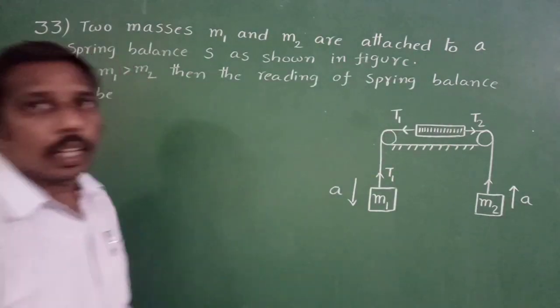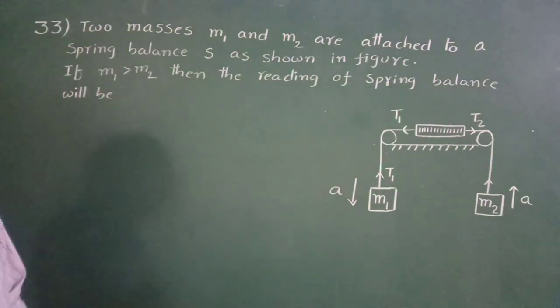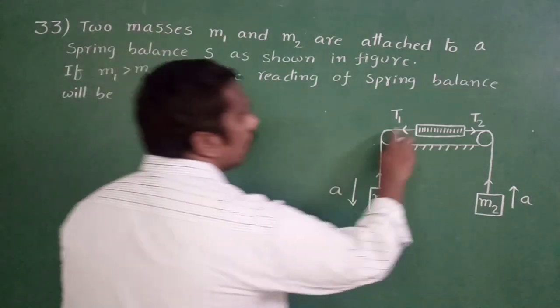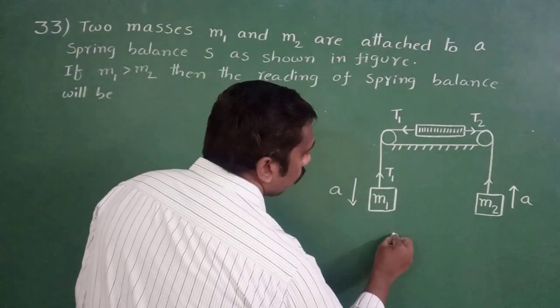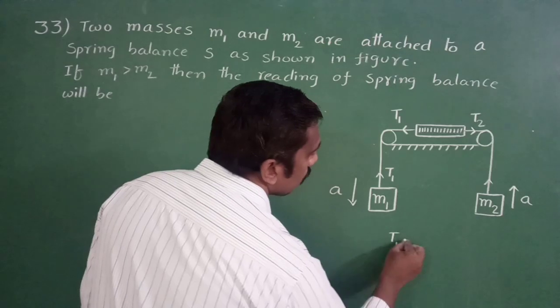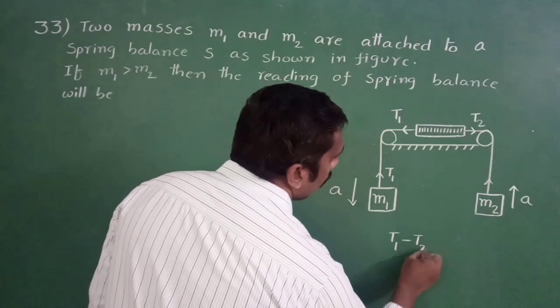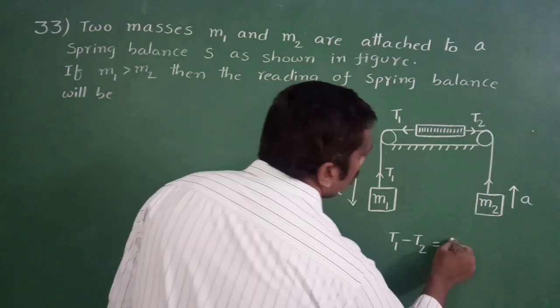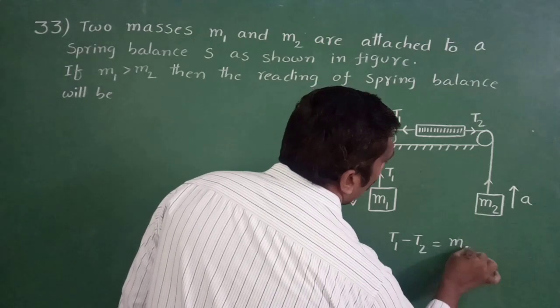If you observe here, on both sides of the spring balance the tensions T1 and T2 are acting, but the mass of the spring balance is negligible. We have to consider the mass of the spring balance as negligible. So in that case, the net force acting is T1 minus T2 equal to the mass of the spring balance into acceleration.